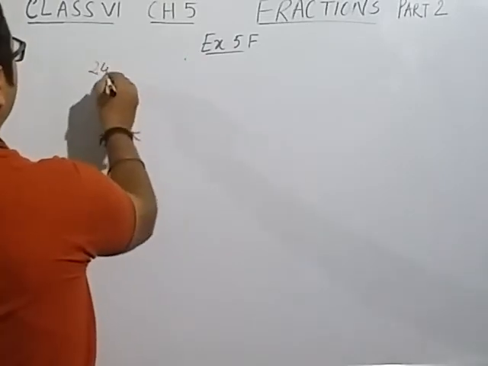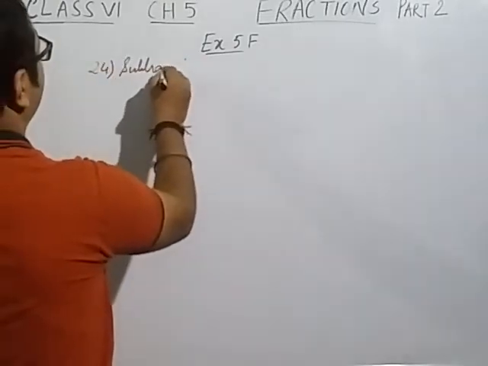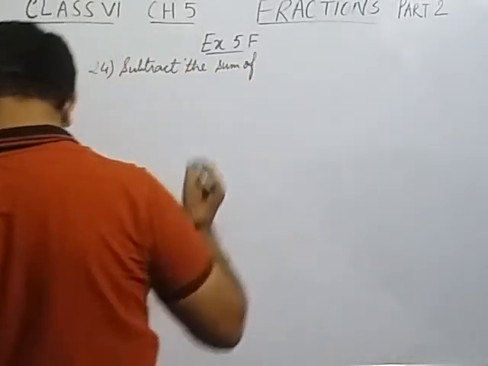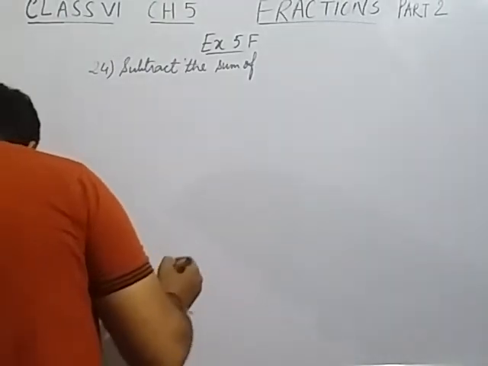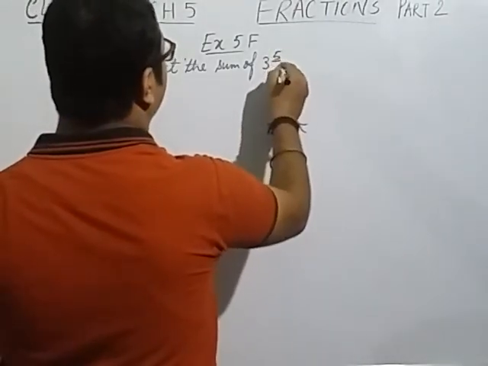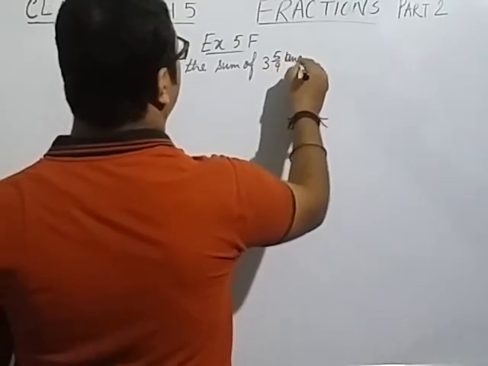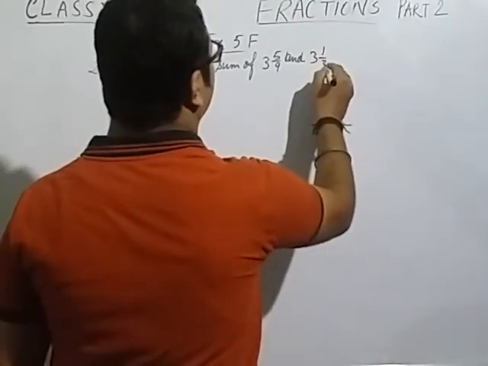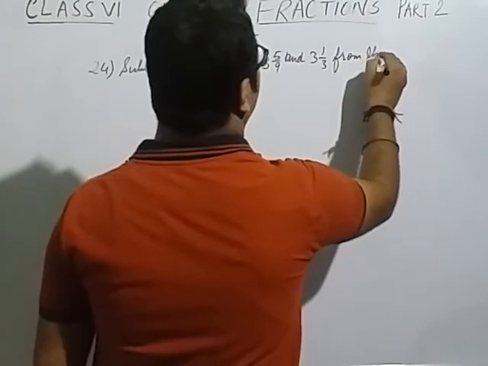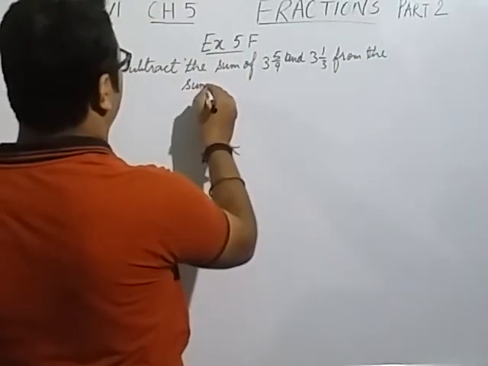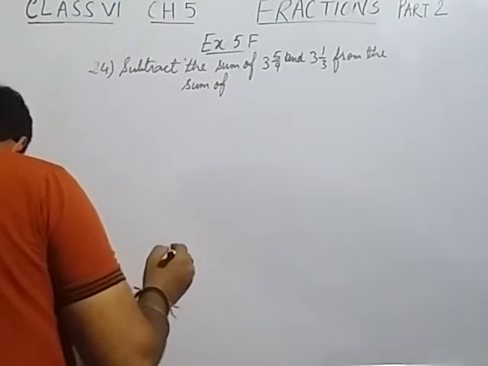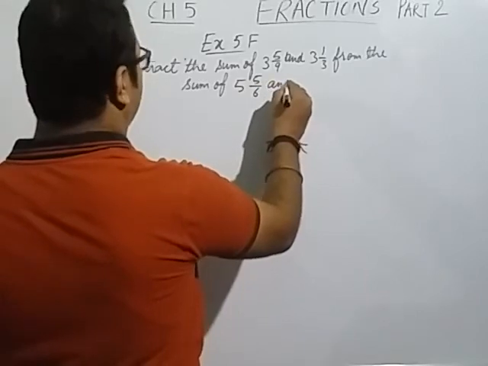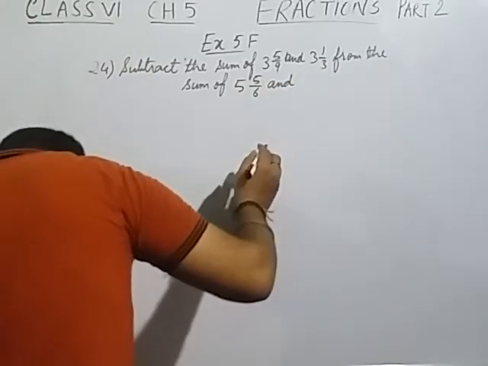Question number 24. The question is: subtract the sum of 3 whole 5 by 9 and 3 whole 1 upon 3 from the sum of 5 whole 5 by 6 and 4 whole 1 by 9.